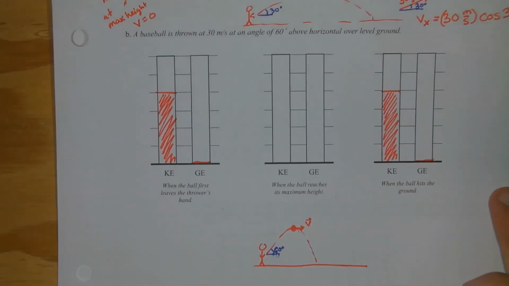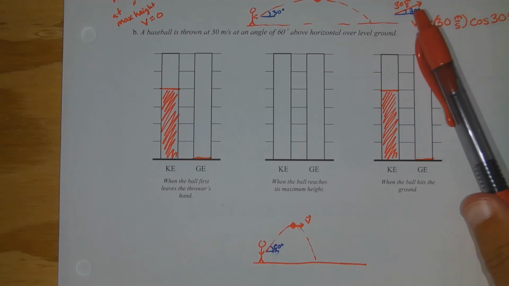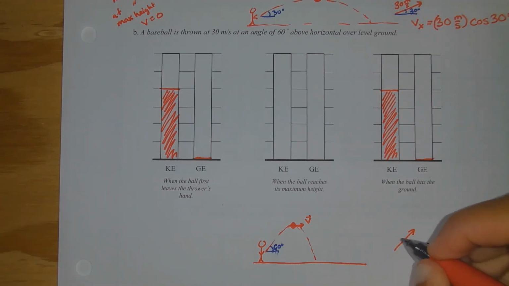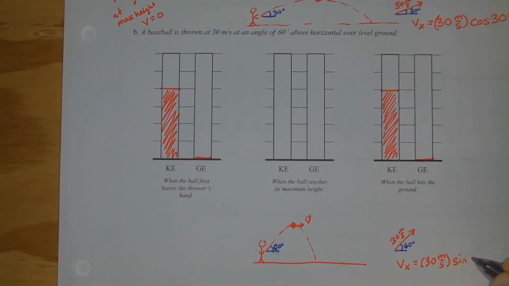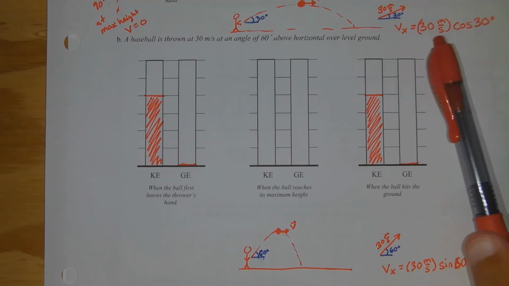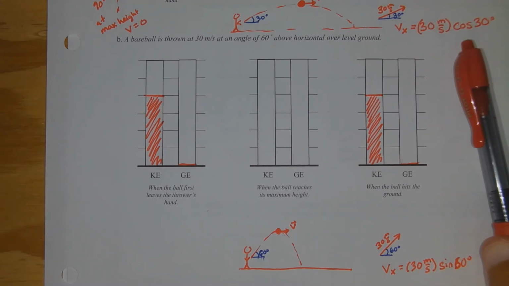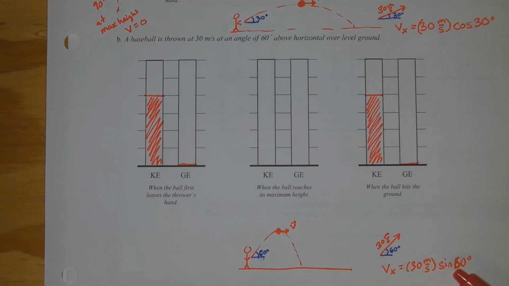For part B, now you have the same magnitude but a different angle. So this is 30 meters per second, and this angle is 60 degrees, and the x component is 30 meters per second times sine of 60 degrees. 30 meters per second times cosine of 30 degrees is larger than 30 meters per second times sine of 60 degrees.